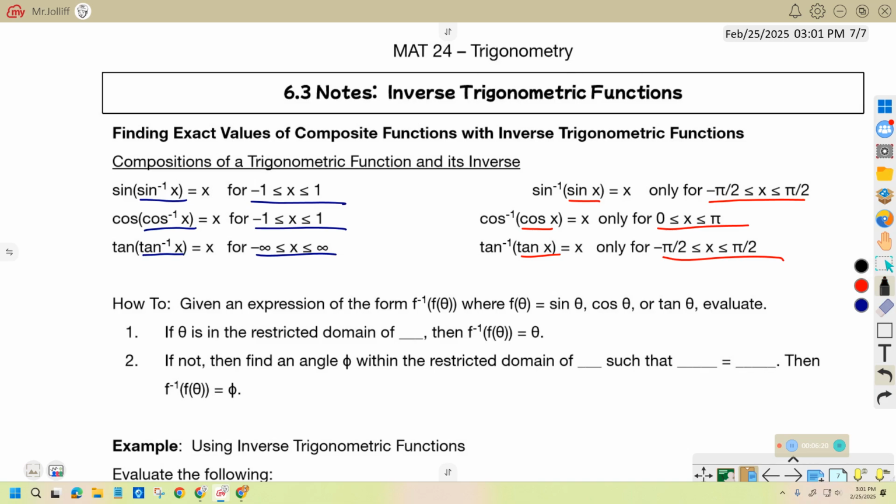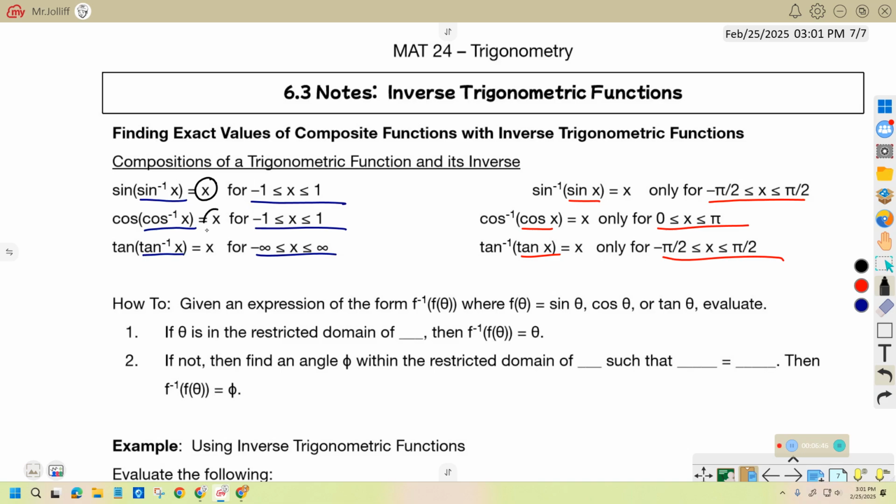When I look at this side, sin, cos, and tan take an angle and spit out a side length, take an angle, spit out a fraction. Sine inverse takes a side length, spits out an angle. So the inside function is going to spit out an angle. The outside function takes that angle and spits out a side length.